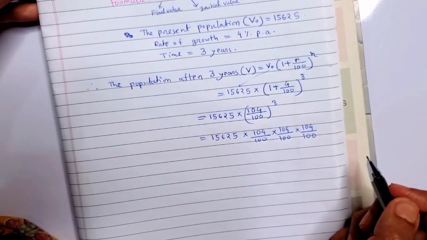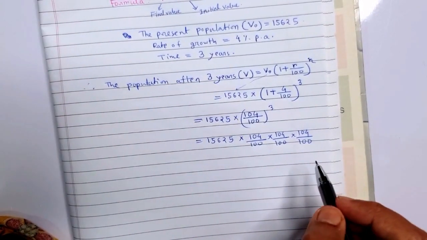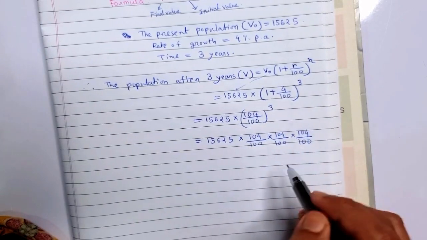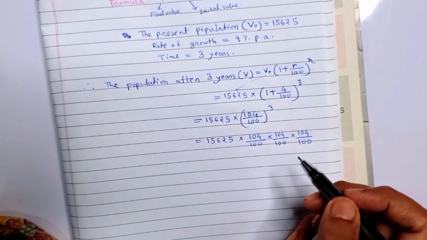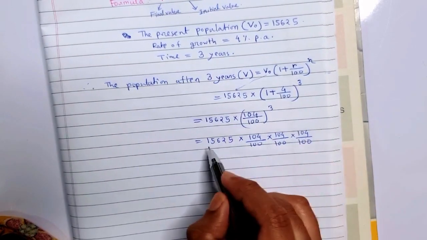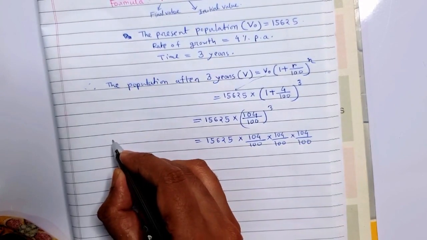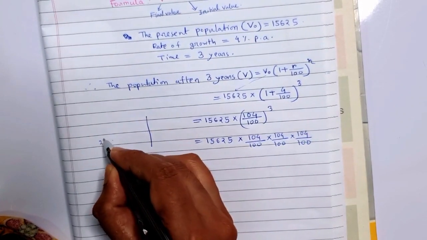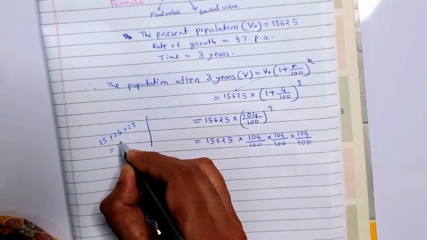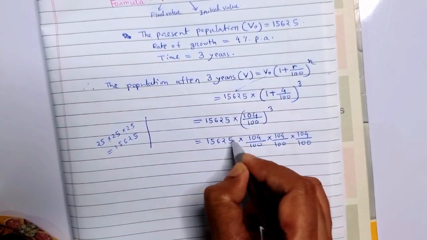Now you know that population of a town cannot be a fraction. So the answer will not be a decimal. And I have already told you that 25 cubed is 15,625. It is good if you can memorize the value.